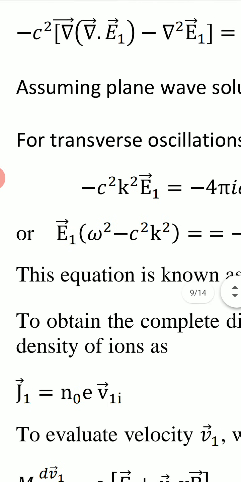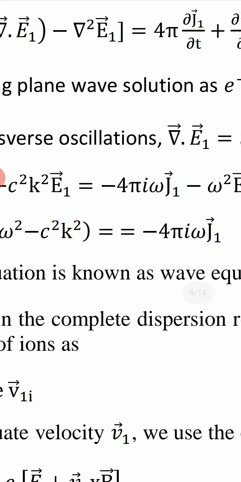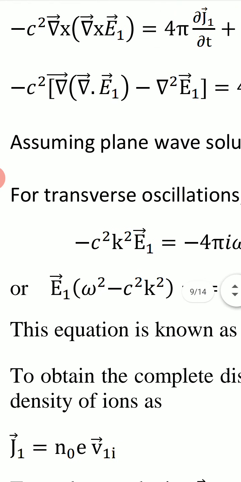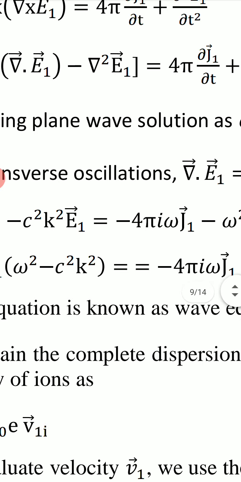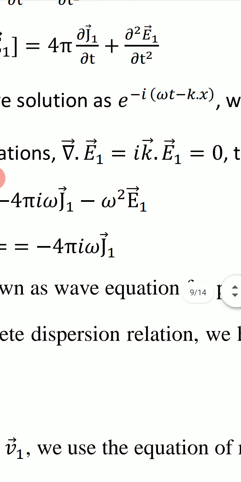For transverse oscillations, we consider del vector dot E1 vector, which comes in the first term of the left-hand side. If we use for del vector its x component, delta upon delta x, which is ik, then del vector dot E1 vector becomes ik vector dot E1 vector.